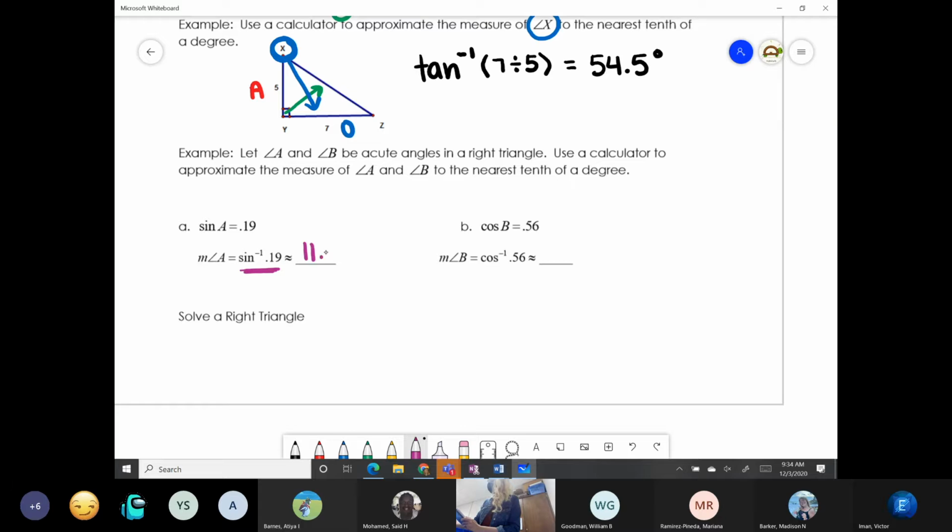Looks like that's going to round to 11. And then let's do the cosine inverse of 0.56. And there we are going to get rounded to 56.